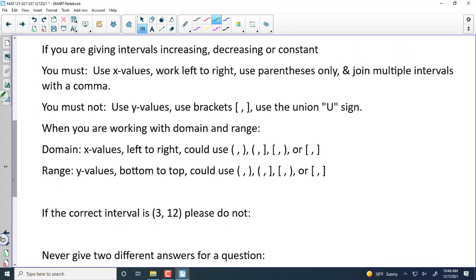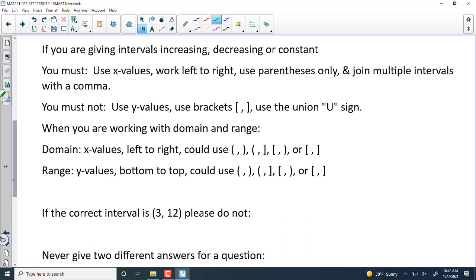There are some parts where you might need to talk about increasing, decreasing, or constant intervals. All right, this we have not done in a while. So this is something that you might have forgotten some of the details and some of the little pieces involved. You got to use x values when you're doing increasing and decreasing constant, never y values. You always go left to right, use parentheses only, and you join multiple intervals with commas.